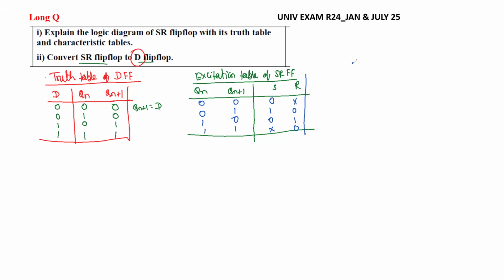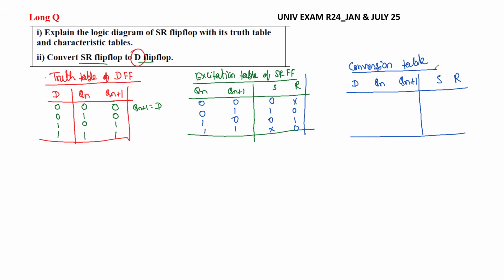After this, important is the conversion table. For the conversion table, we are going to take the help of both tables. The truth table of the D flip-flop we are going to use as it is. So here we'll have D, Qn, Qn plus 1, then S and R. On the basis of this, we are going to write D in terms of S and R, that is what we do in the conversion table.